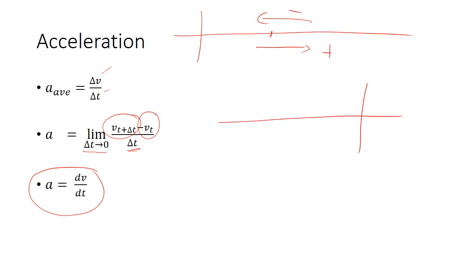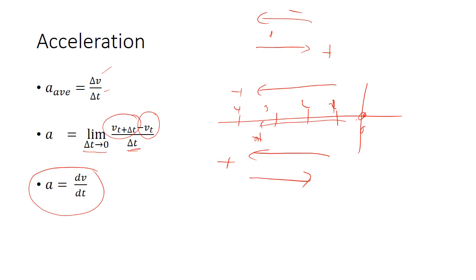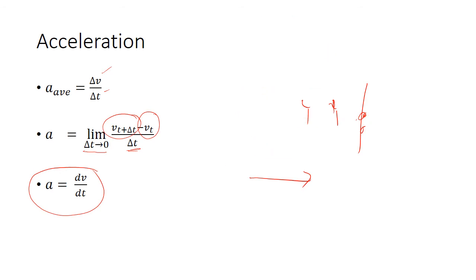On the other hand, if I say this way is positive, if I call this 0, 1, 2, 3, 4, then a velocity in that direction is positive, and in the other direction is negative. It doesn't really matter how you position it. Positive velocity means you are going in the direction that is positive. Negative velocity means you're going in the other direction.